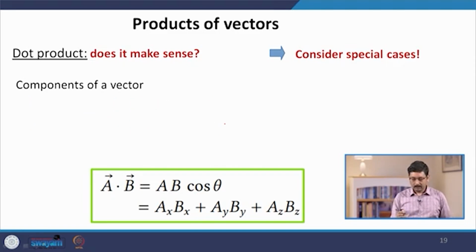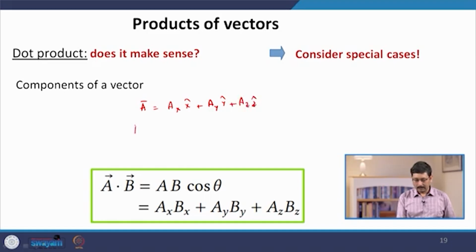Now, we can apply this concept of dot product to calculate or to define the components of a vector. Suppose I take a vector A, which is Ax times x hat plus Ay times y hat plus Az times z hat. Let us calculate the dot product between this vector and the unit vector along the x direction. So, this is Ax x hat plus Ay y hat plus Az z hat dot x hat.